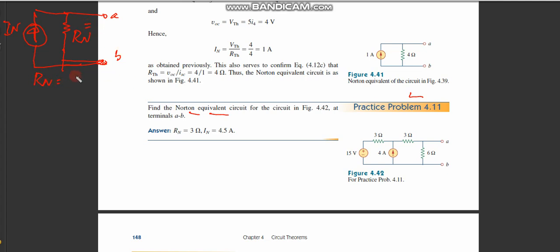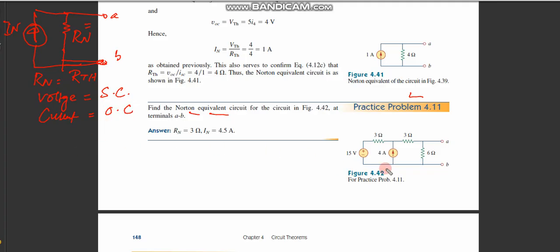So Rn is exactly the same way we found R Thevenin. For that, we apply two rules actually. We will make this open as it is. The circuit is already open from the terminals. And then we short circuit voltage sources, and if there are any current sources, we make them open circuit.